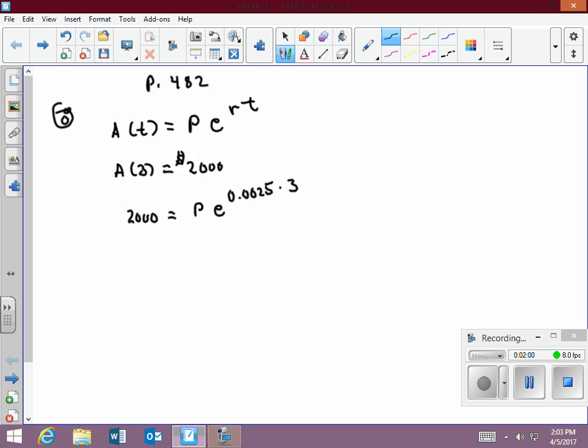Okay, and you'll have to divide by that e to the rt. So P is 2,000 divided by e to the 0.0025 times 3, and you can just put that in the calculator, right?